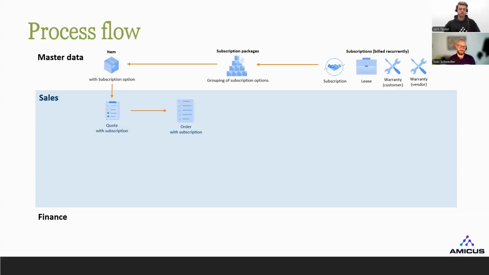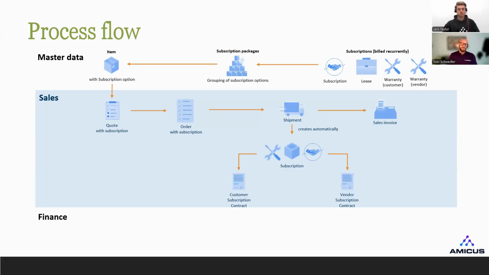Still straightforward is using these items in sales documents that you all know, sales quotes, sales orders. You can post them, ship them, invoice them. That's all very simple. But with the shipment, the subscription itself is created automatically. Then you can decide, okay, what is my contract? Are there any open subscriptions that are not yet linked with a contract?